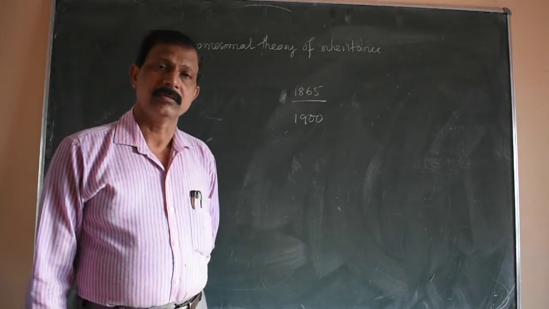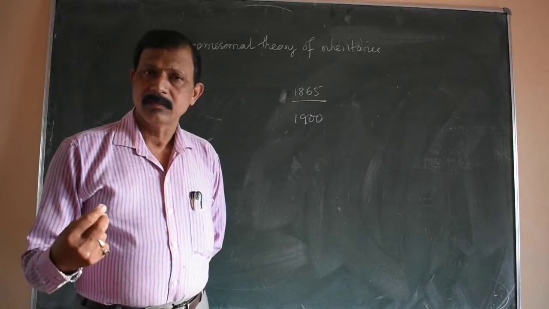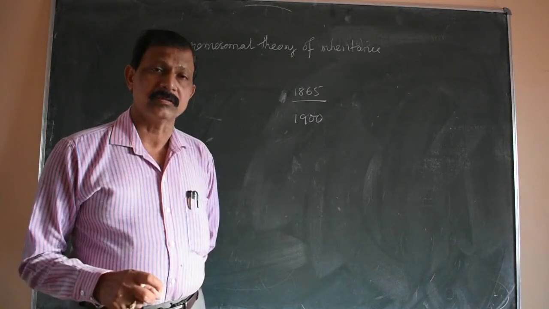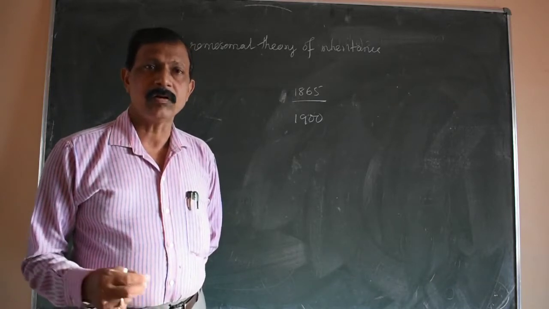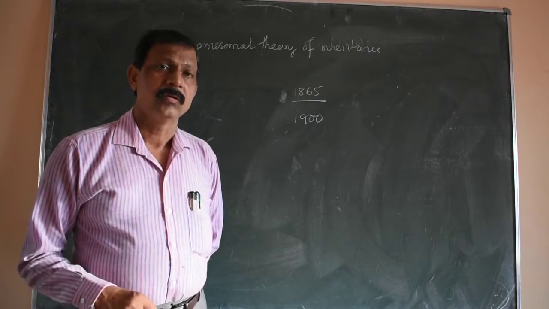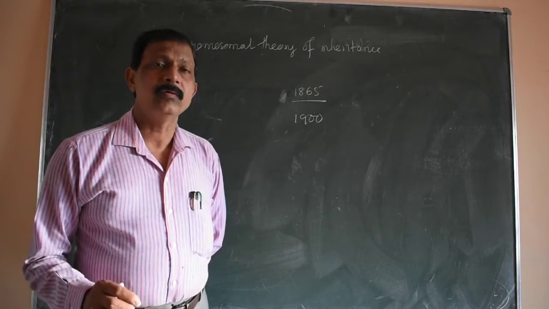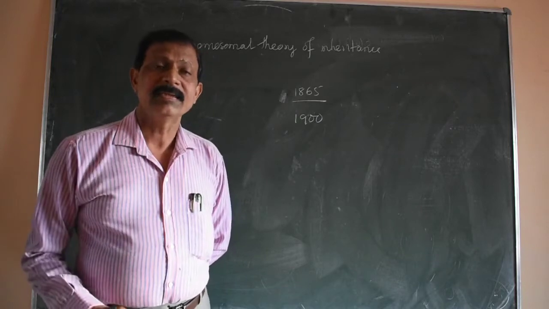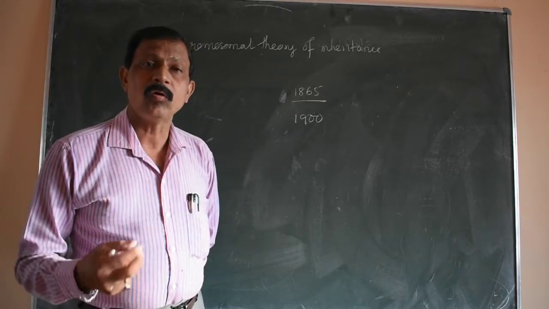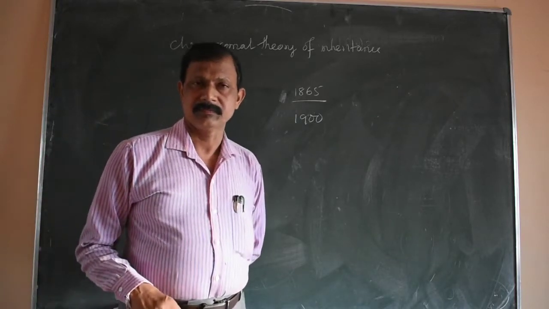The second thing is that Mendel said the character was stable rather than blending. According to Mendel's law, there is purity of gametes, and they do not blend with one another and show stable characters. That was not accepted by the scientists of that age.